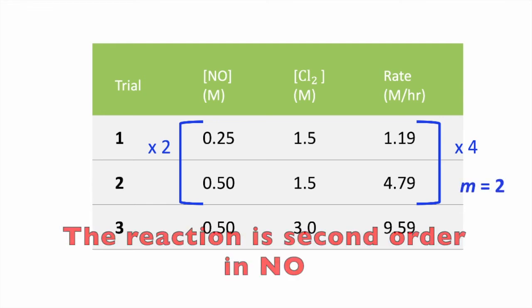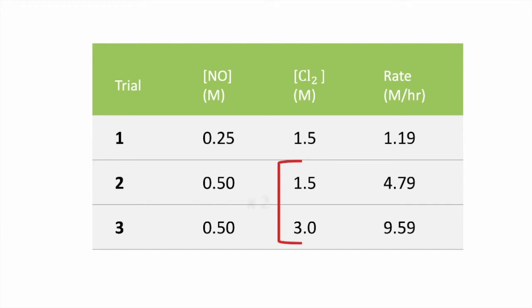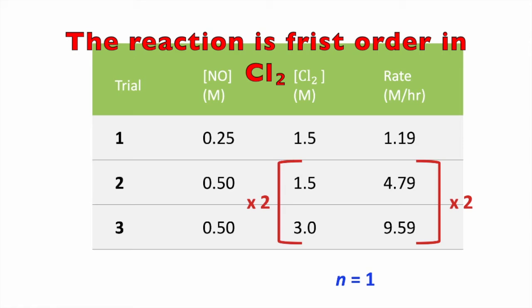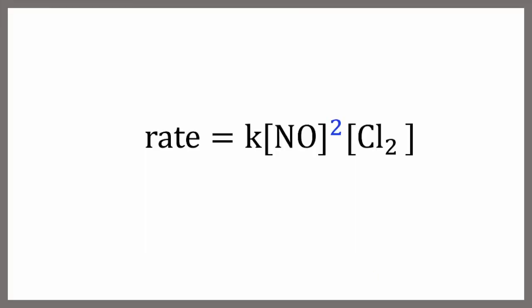If we compare trials 2 and 3, where chlorine is doubled and nitrogen monoxide is held constant, we see that the rate doubles, and this suggests a first-order reaction, hence n equals 1. We can rewrite our rate law as rate equals k times the concentration of nitrogen monoxide squared times the concentration of chlorine, and that's to the first power, and we don't need to put a 1 on that because it's assumed.